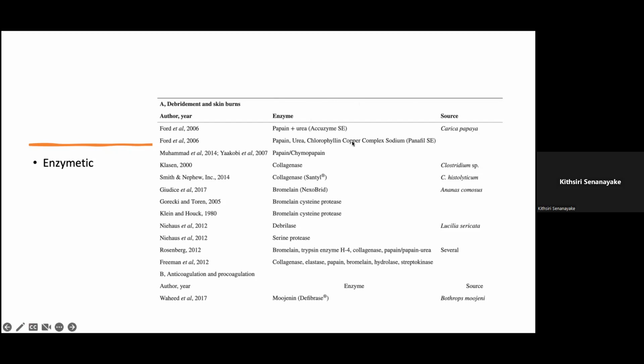But in other countries, Western countries, we have seen these papain creams as commercial preparations, which are very expensive, but we have papain freely in our community. We can use it freely if you think it's necessary.